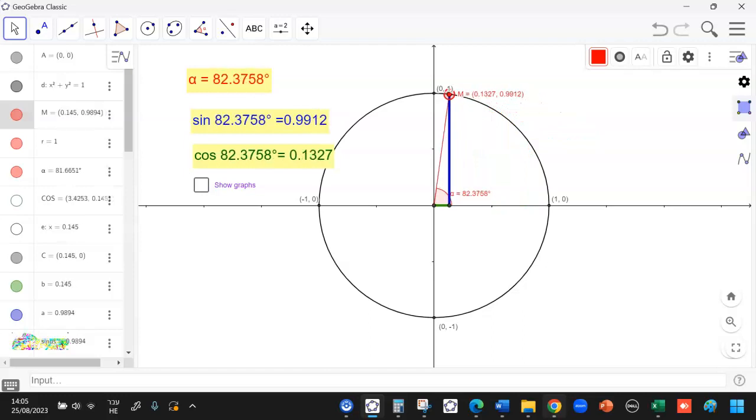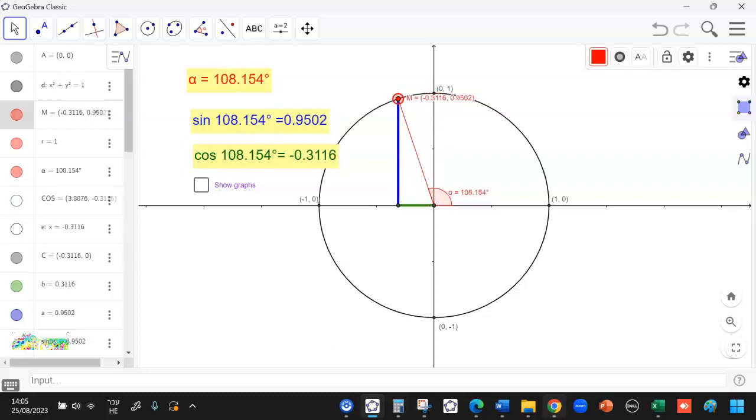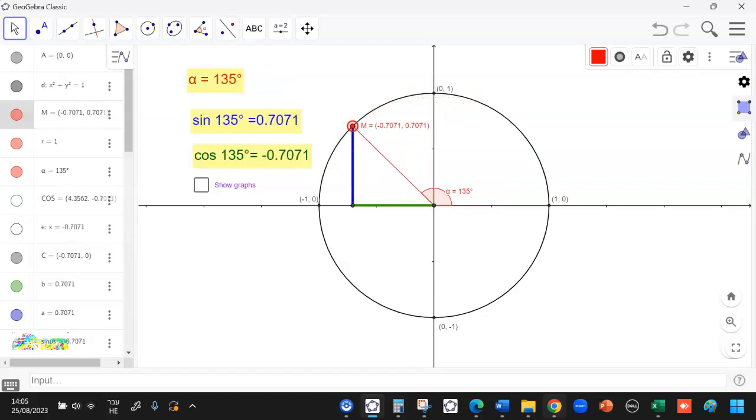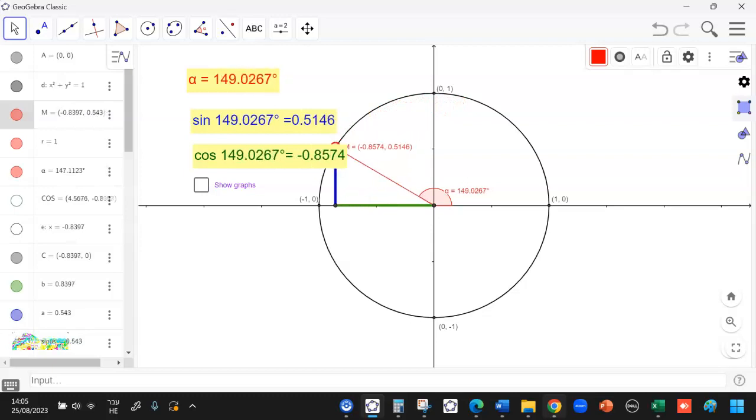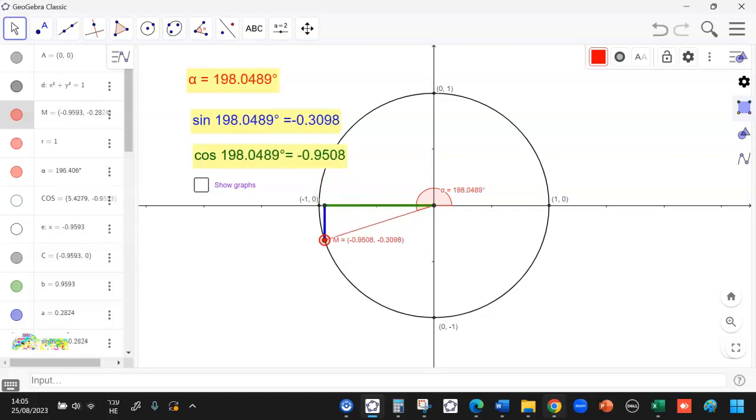When we continue after 90 degrees, sine goes down to 0 and cosine goes to -1 until 180. And then both of them are negative. Cosine goes back to 0 and sine goes down to -1.